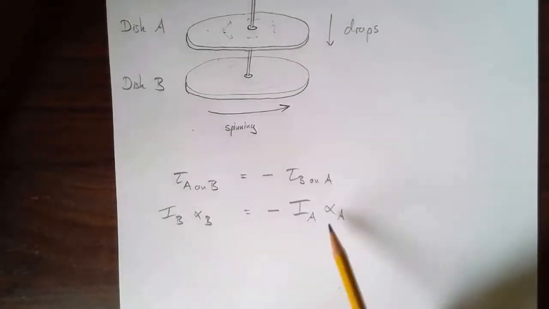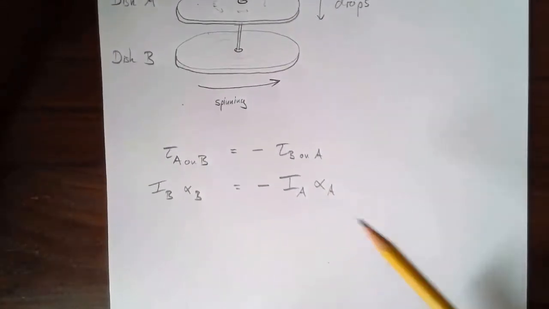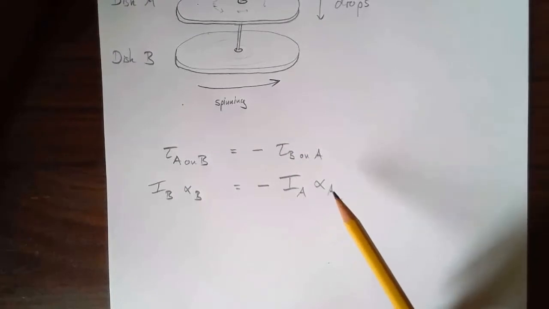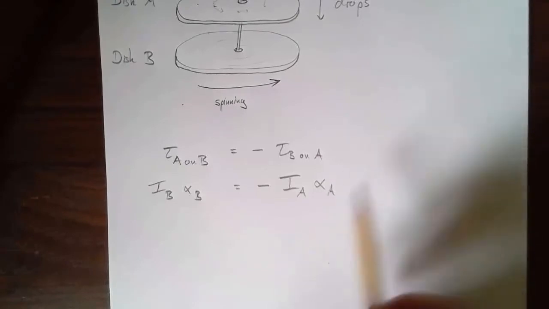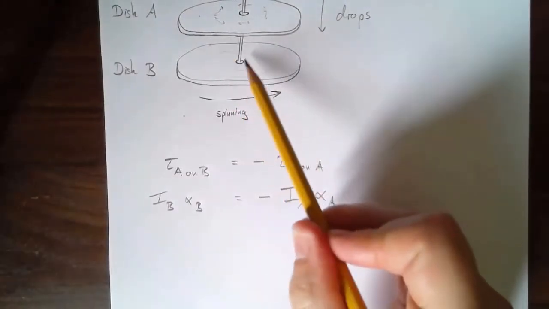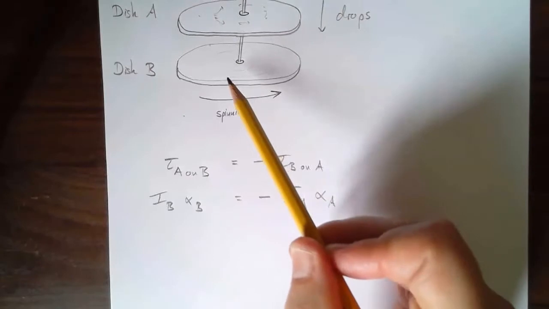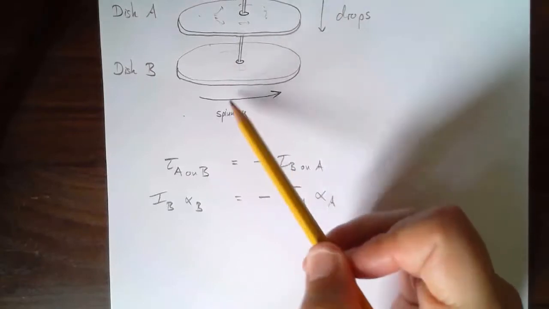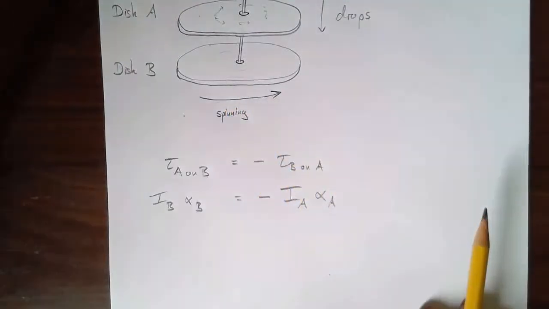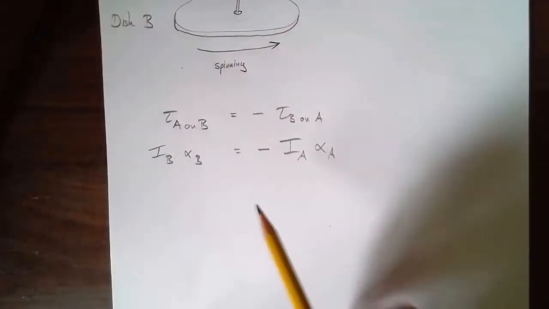Alright, so what is angular acceleration? Now, it's the time derivative of angular velocity. In our case, the torque is going to stay constant if this is kinetic friction, right? The kinetic friction does not change, it just depends on the normal force between the two and the coefficient of friction, all of that stays the same.